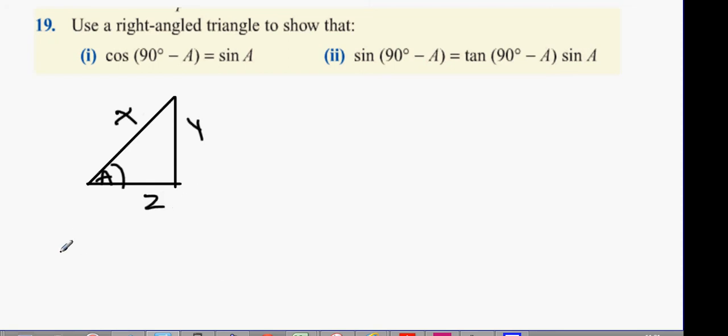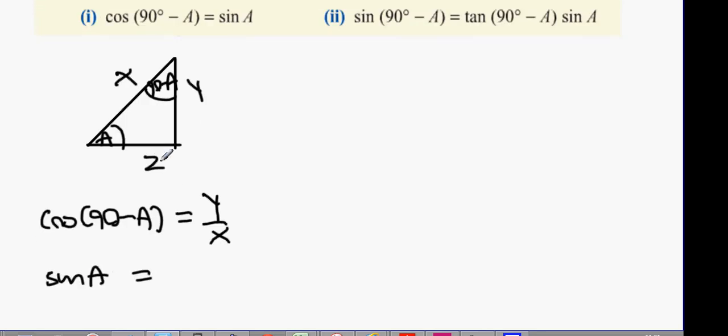Now, guys, the other angle then has to be 90 minus A, doesn't it? So what we write down is, what is cos 90 minus A? It's going to be Y over X. And then finally, what's sine A?